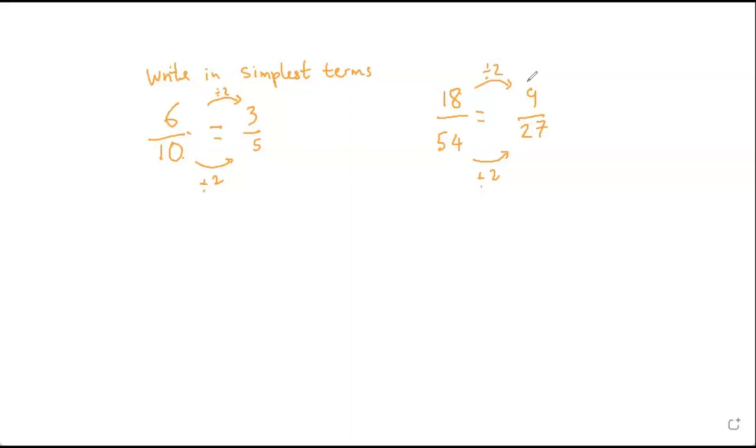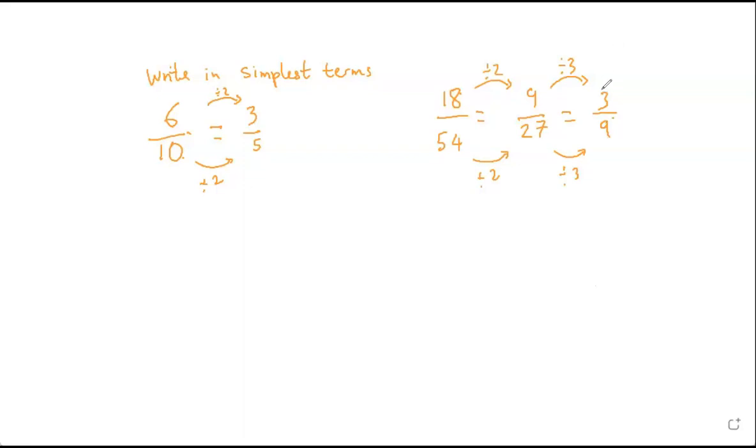Now this is easier to see that both 9 and 27 are multiples, meaning they're in the same times table. They're both multiples of 3. So we can divide the top number and the bottom number by 3. So again, what we do to the top, we do to the bottom. 9 divided by 3 is 3. 27 divided by 3 is, sorry, 9.